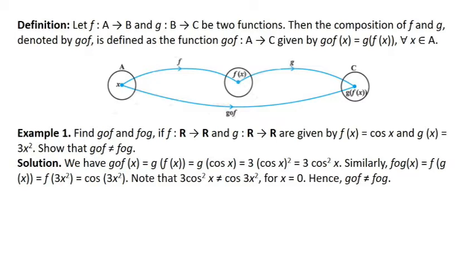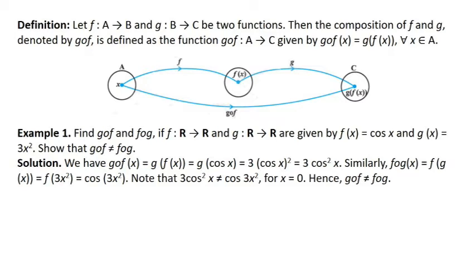Here, set A element is x, which goes to element f of x of set B with the help of function f, and the element f of x goes to set C and becomes g of f of x with the help of the function g. And the composition function is gof, which sends the element x to g of f of x.